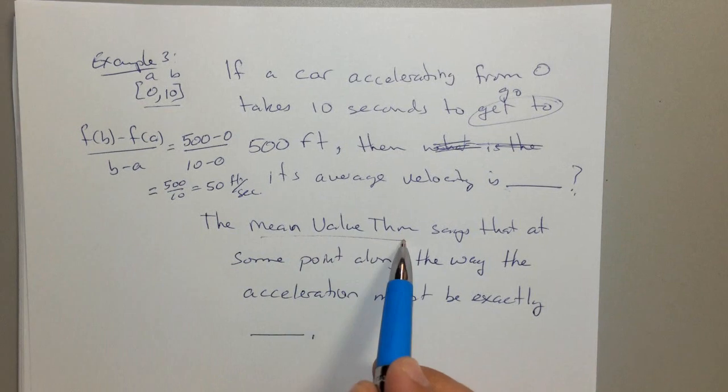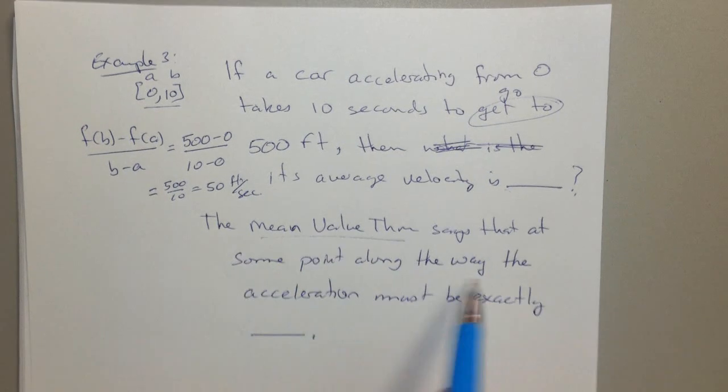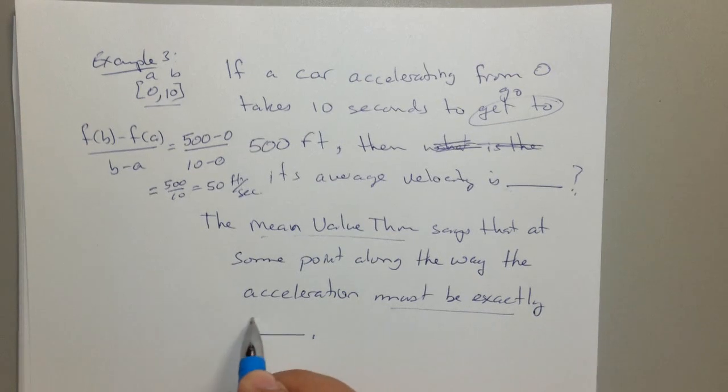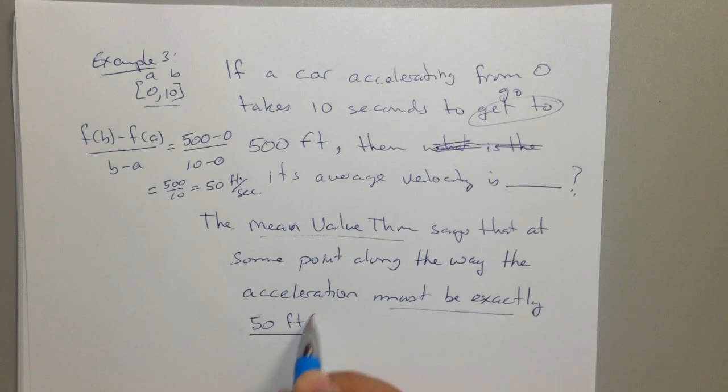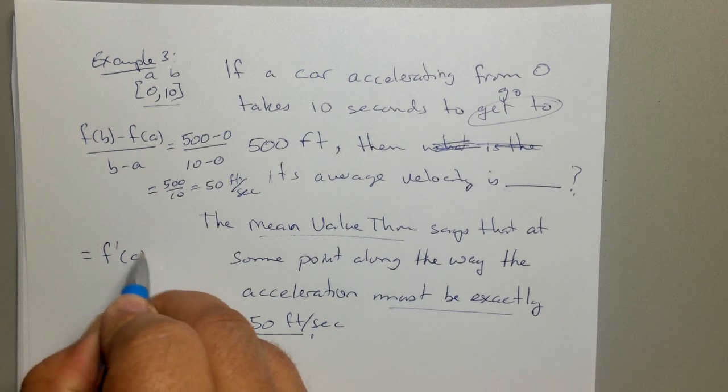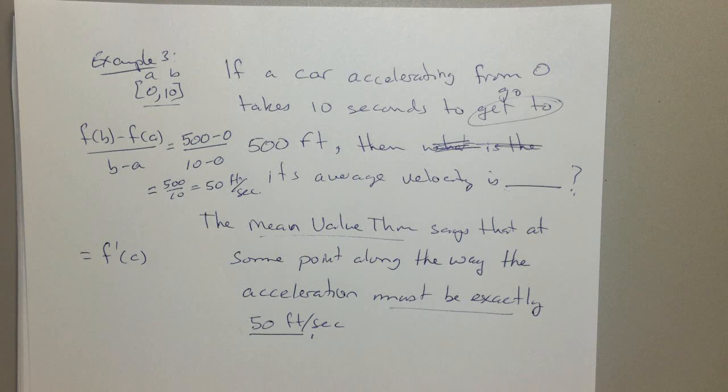So the mean value theorem says that at some point along the way, the acceleration must be exactly 50 feet per second. Because this thing is the first derivative of the distance, of the velocity.